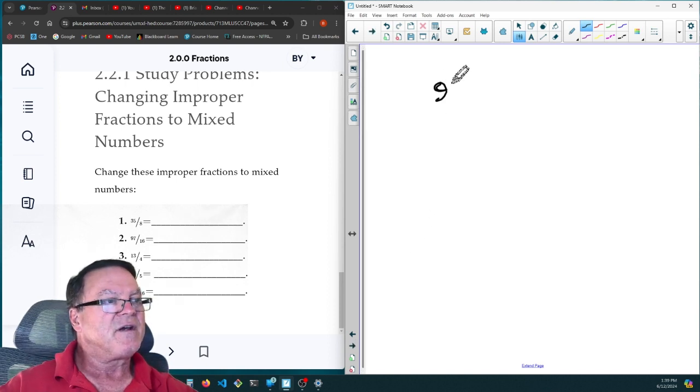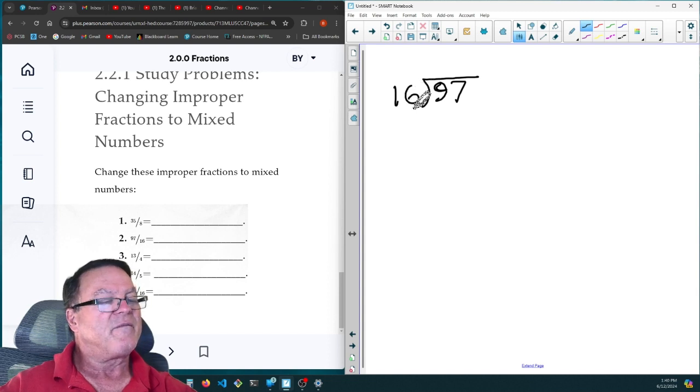97/16. Write the 97 and draw our division bar. 16ths. Let me think here for a second. 32, 64, 80, 96.